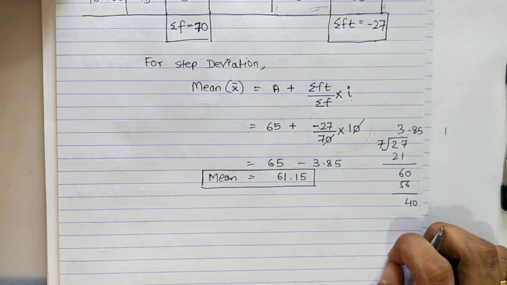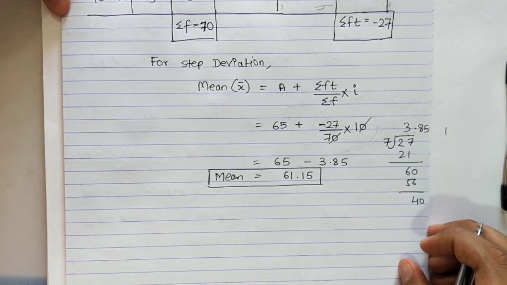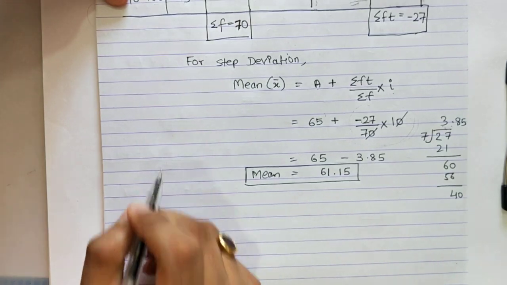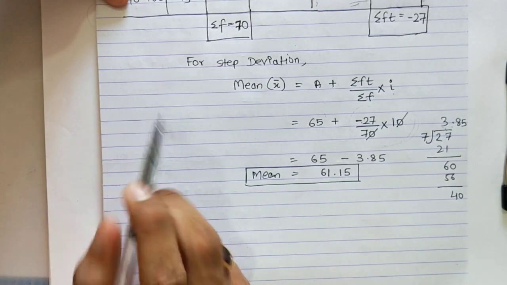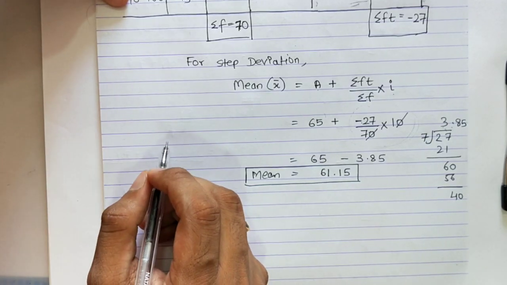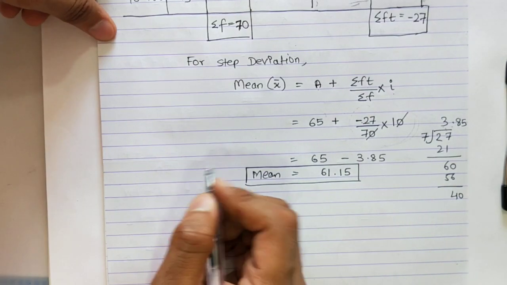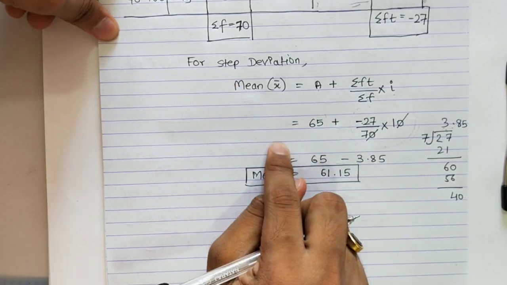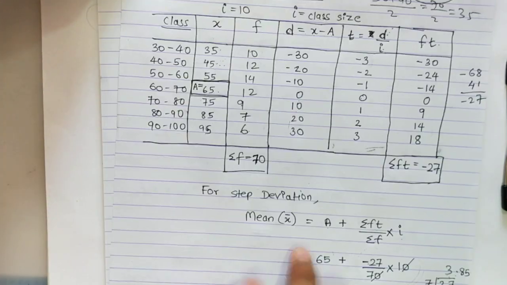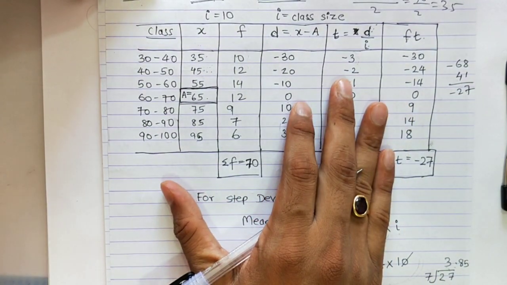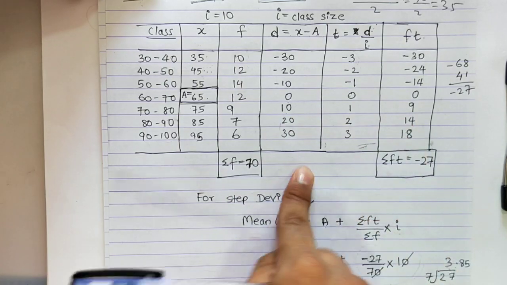I hope you have understood the method, and you have to be very disciplined. I am giving you 2 sums for homework. I have sent the pictures of the statistics chapter in the group also, from Frank and Concise both. Okay, so I want you to practice 2 sums of step deviation using the same method. First, you solve the same sum without looking at the solution, doing all the calculations by yourself.